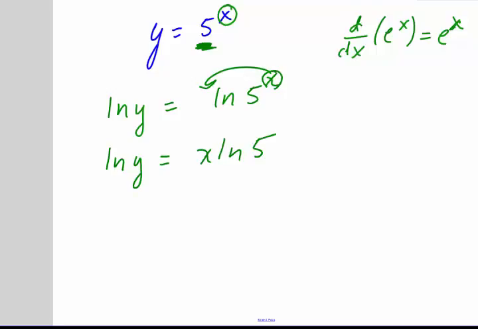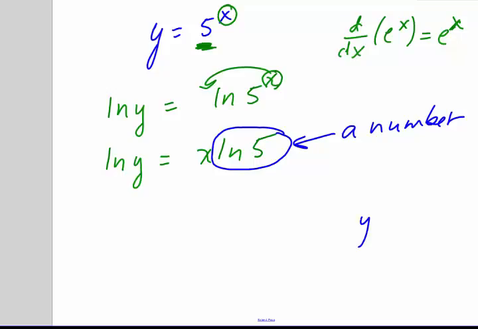Okay, now what we're going to do is derive both sides. Just like we can multiply both sides by 2 or divide by 2 or add 10 to both sides, we could derive both sides. So what you need to remember is this guy right here, and this is the hardest thing for people to wrap their brains around. That is just a number.